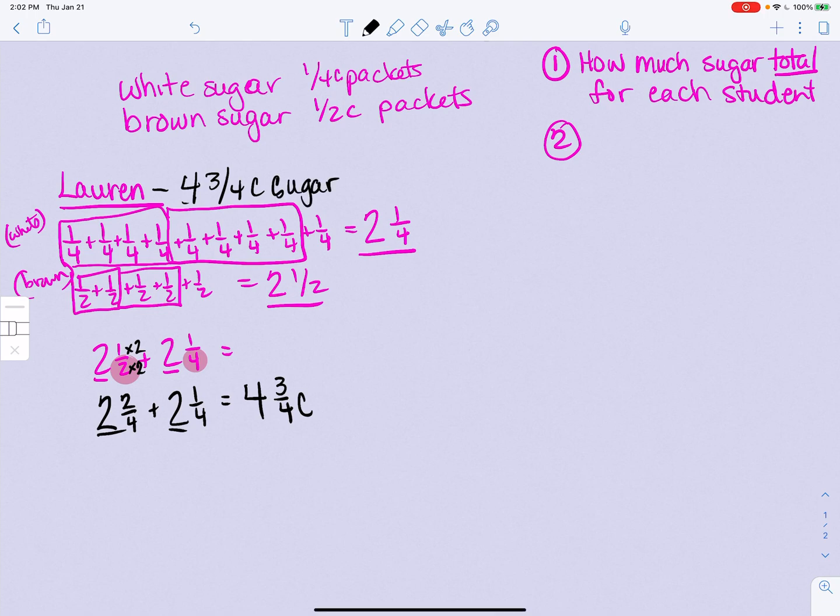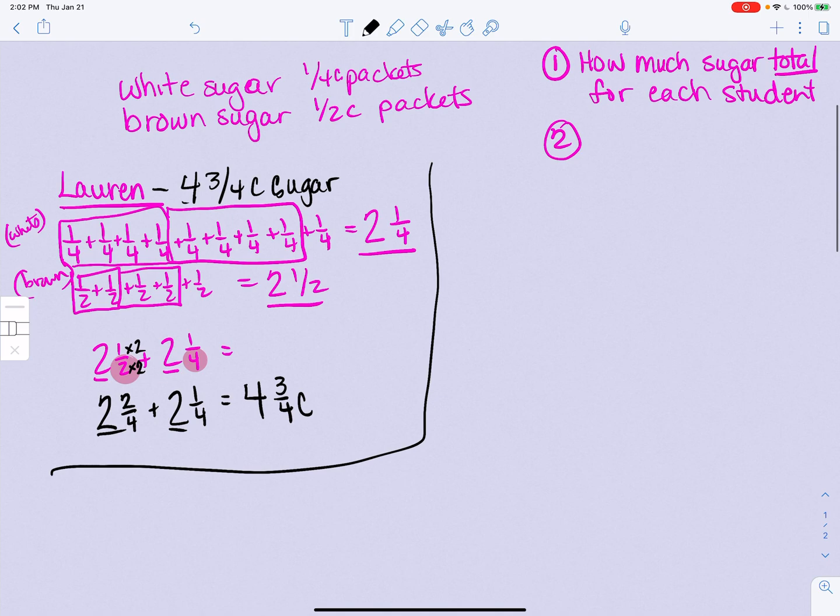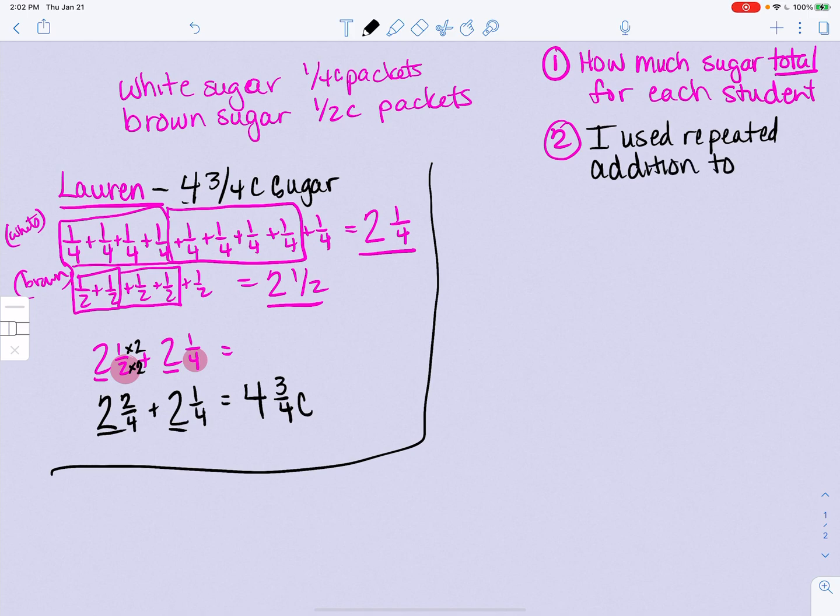I'm going to have to do that with each person. Because I'm doing repeated addition, there is another way. Let's go back. So I'm going to write on my answer what I'm doing right now. I used repeated addition to solve for their totals.